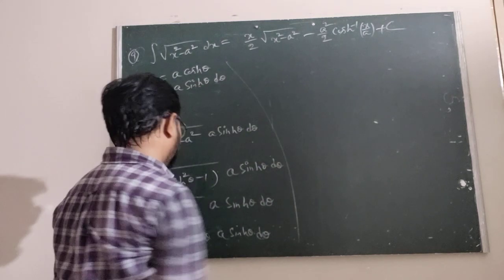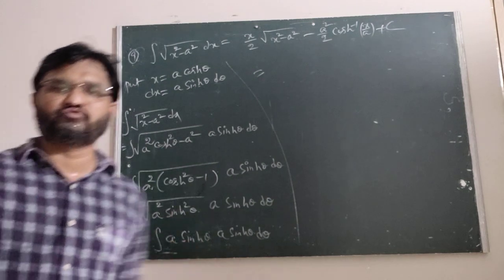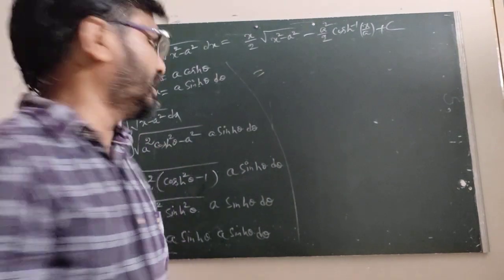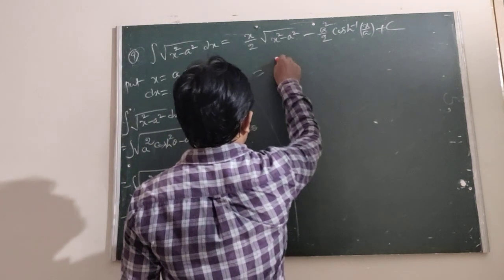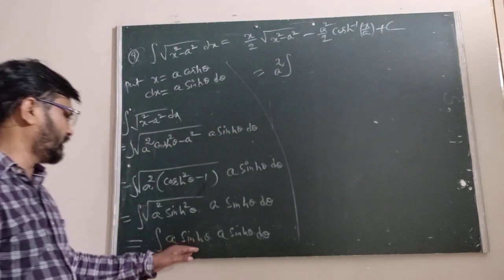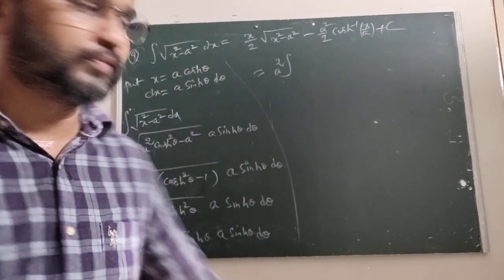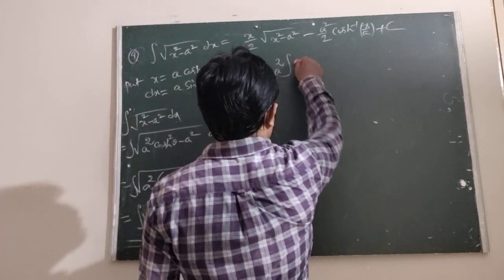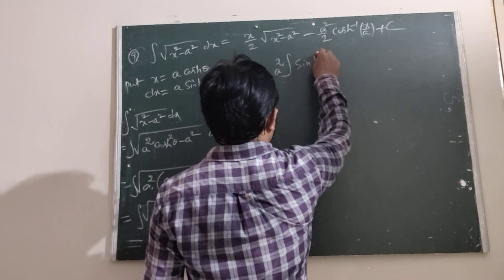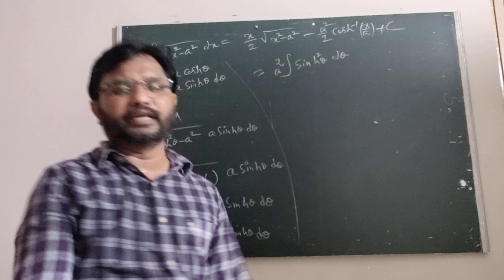Now we are looking at the integral a into a, which is a square. We can write the a square at the beginning of the integral. Sin h theta into sin h theta is sin h square theta, into d theta.